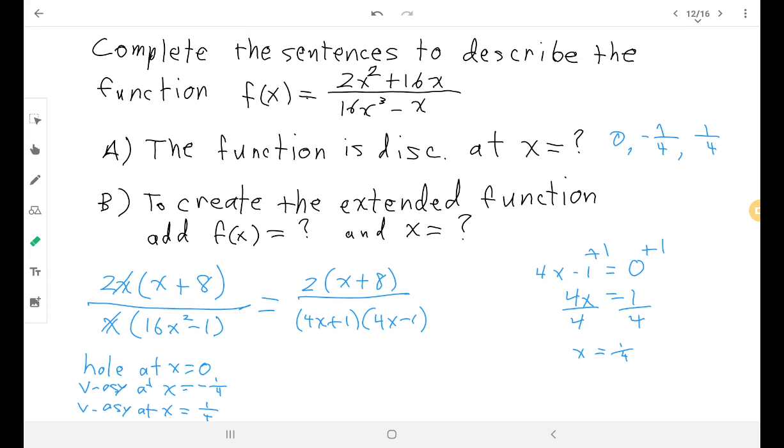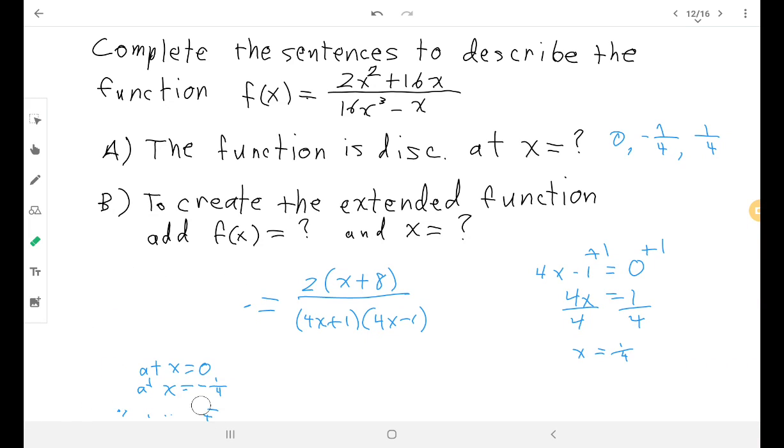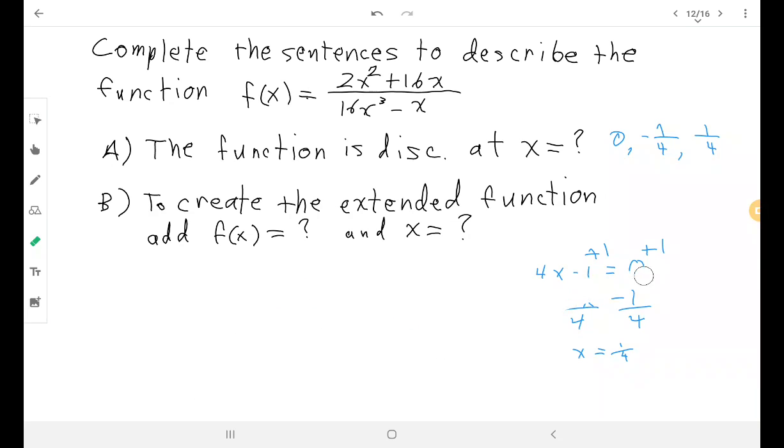And then it says to create the extended function. Now, what do they mean by extended function? It's a strange term, and it might be worth looking up.